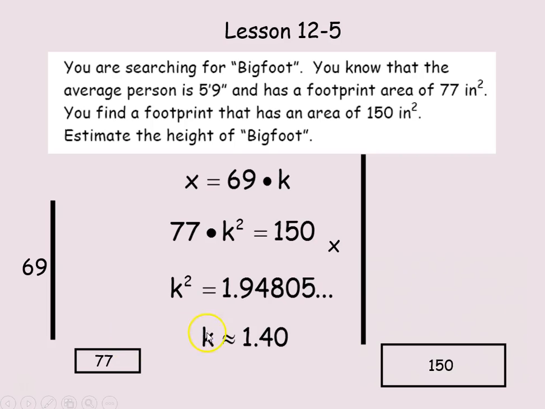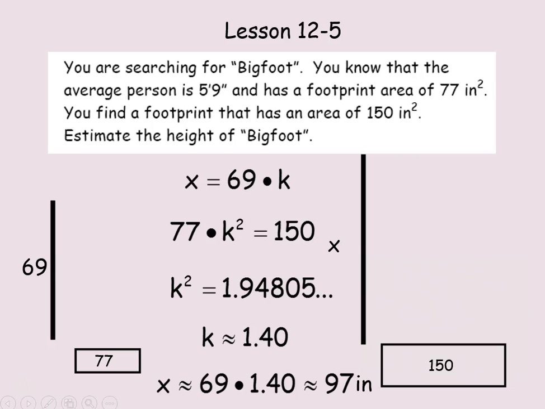So what that means is the relationship of the lengths is approximately 1.4. So therefore, 69 inches times the 1.4 is approximately 97 inches. So that means that whatever made this footprint is approximately 97 inches tall.